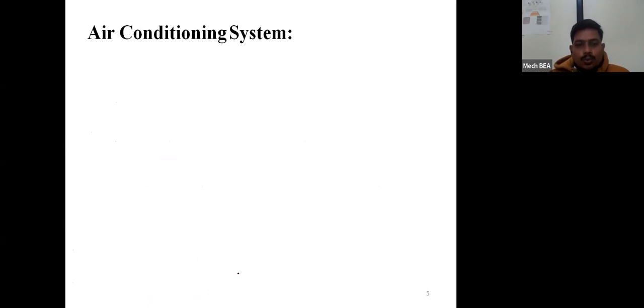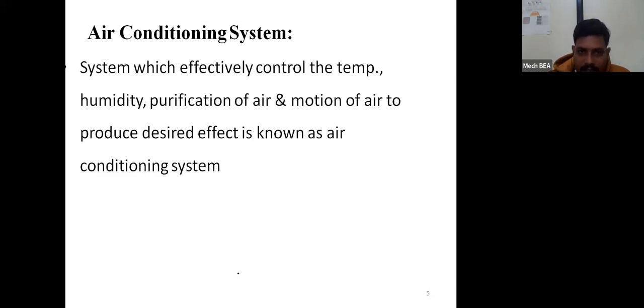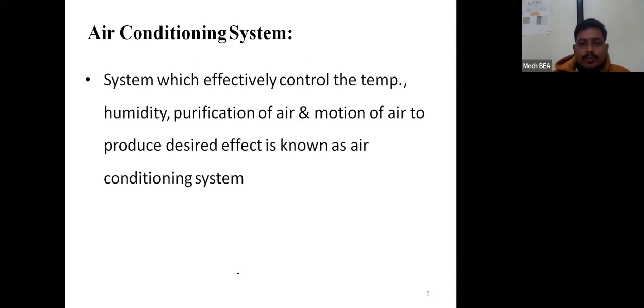Now we have seen the definition of air conditioning, so we have to see the definition of an air conditioning system. An air conditioning system is nothing but the system which effectively controls all those parameters to have the desirable internal condition irrespective of the external condition.